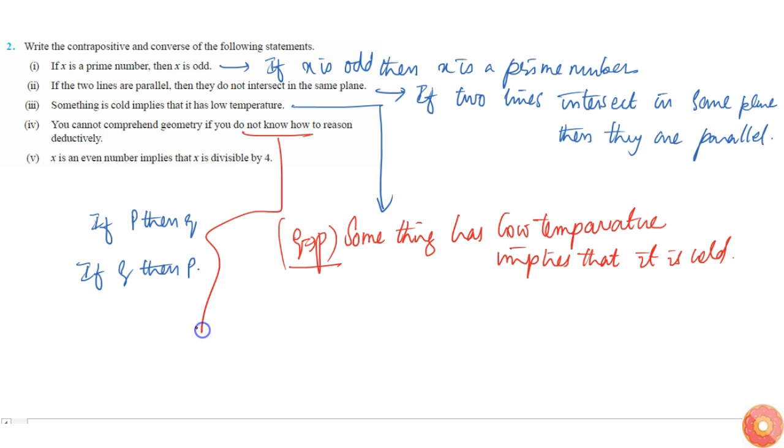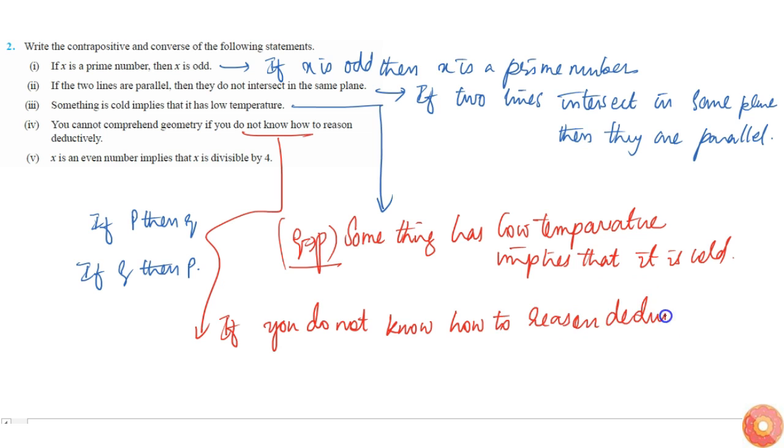For the fourth one, we don't write negations here, we simply change the order. If you do not know how to reason deductively, you cannot comprehend geometry.